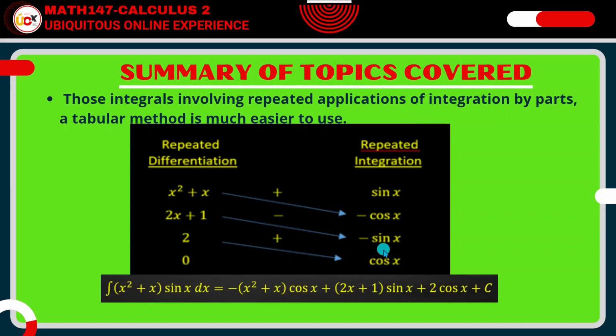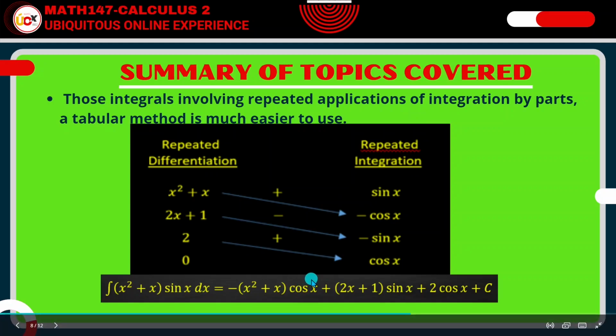And then the integral of x squared plus x times sine x dx is equal to the summation of the product of the diagonal terms. This alternates in sign: positive, negative, positive. For the first product of diagonal terms, you multiply x squared plus x by negative cosine x. So we get negative x squared plus x cosine x.